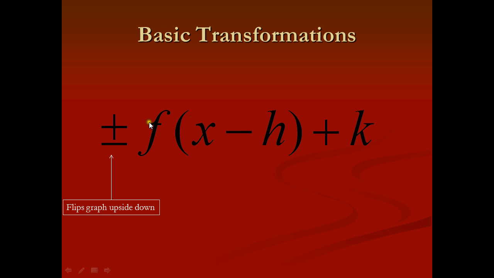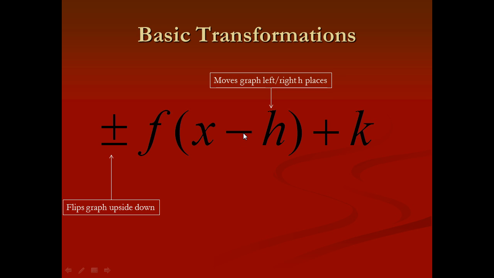The next thing is in the parentheses with x. I cannot stress that enough, it has to be in the parentheses with x. Wherever it's grouped, it's right next to the x. We're subtracting some number. We're going to call it h for now. What that subtraction does is move our graph left or right h places.